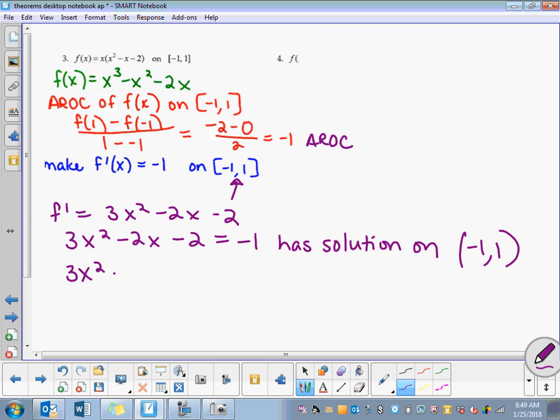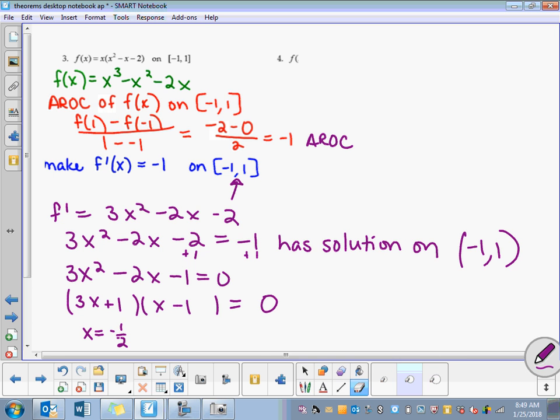All right, so 3x squared minus 2x minus 1 equals 0. If I add 1 to both sides, I have to be real careful though. Factor. 3x minus 1 minus 3 plus 1.